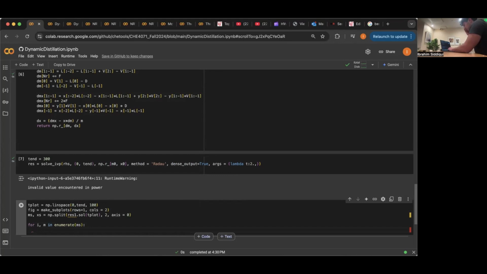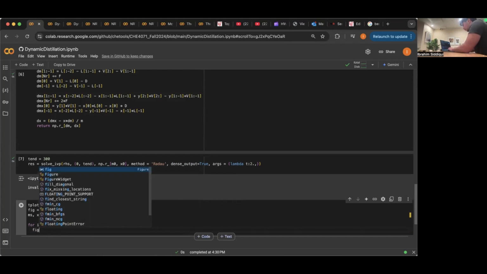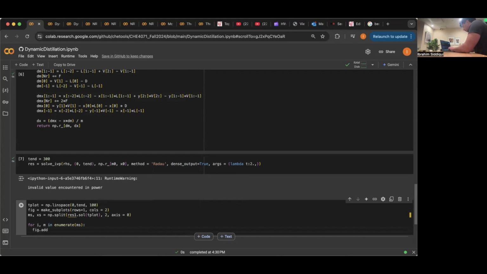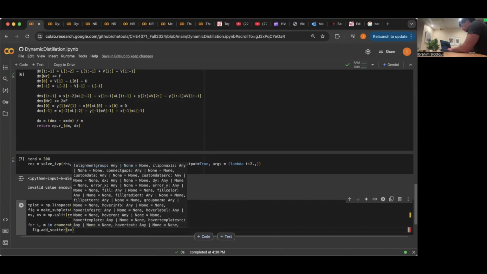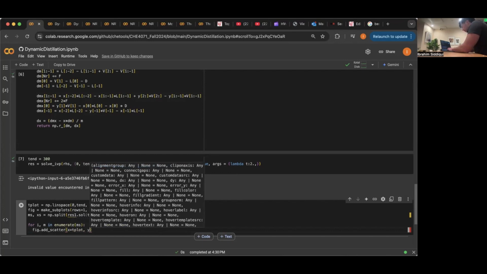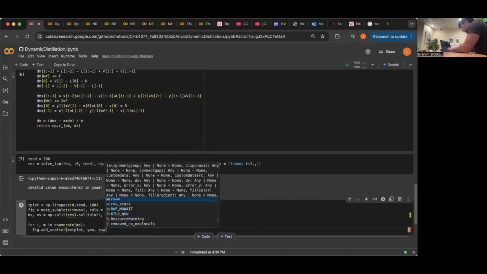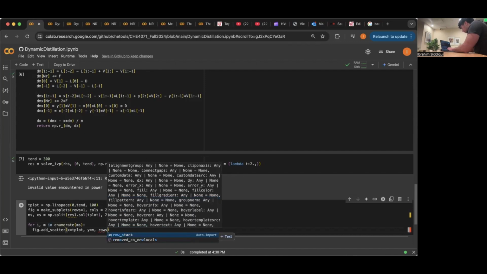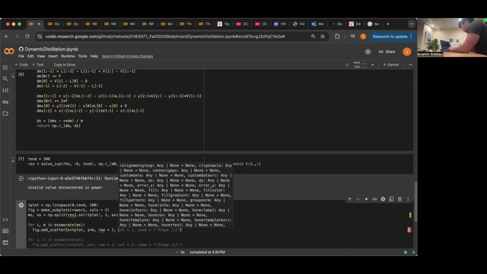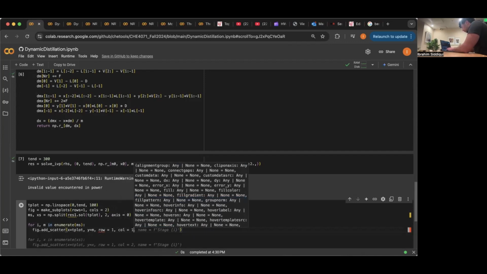All right, so now that we have that for loop set up, we can add a scatter plot. So fig.add_scatter, and we can set our x equal to our t plot and our y equal to m that we just defined. And then we can set up our rows, so row equal to 1, column equal to 1 in this case.